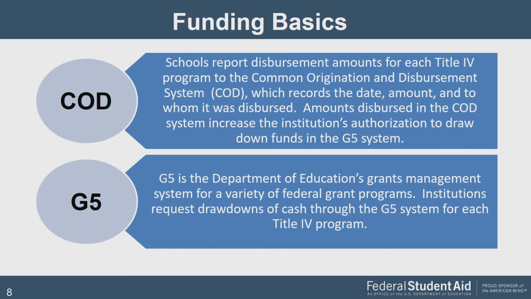It's only looking at the programs. We're looking at the authorizations. So as you increase your students in the COD system and they're processed, once it hits G5 on that anticipated disbursement date, the authorization will be increased for your institution, and then you are able to draw down those funds.